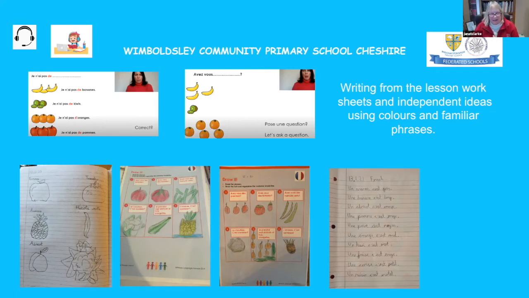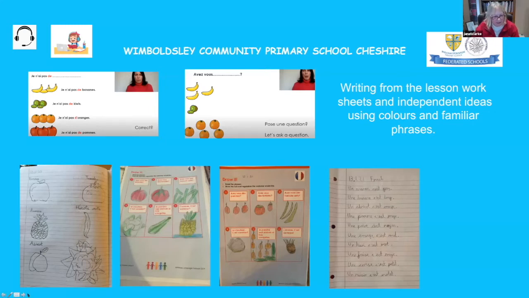But as you can see from Emily's lessons, there was also some writing and some drawing involved. And my children really do love, they're quite artistic, my Year 4 and 5 children, and they really did enjoy drawing the fruits and the vegetables. And then also challenging themselves, they then went on to think about their colours and think about the sizes of the fruits and vegetables. So I actually had some amazing written and colourful work as well.